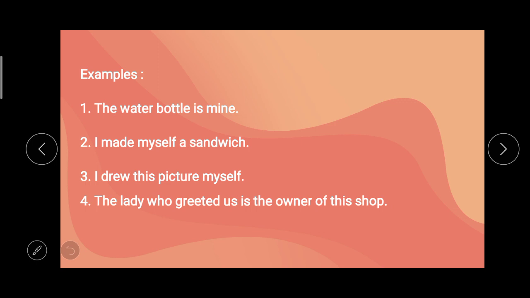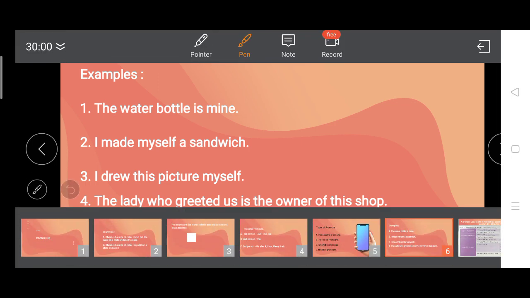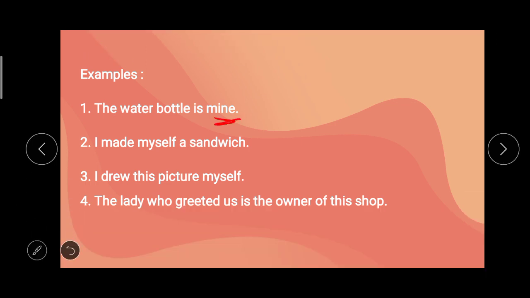So here in number 1, the water bottle is mine. You can see here the word mine. It is showing the ownership, that the water bottle belongs to me, and this is called possessive pronoun. Now number 2 sentence, that is I made myself a sandwich.